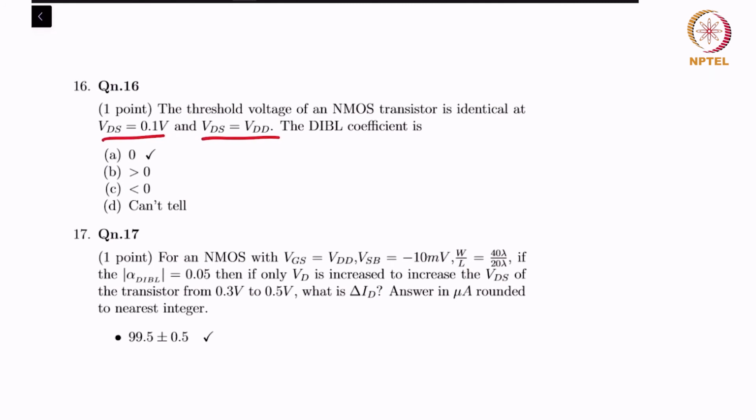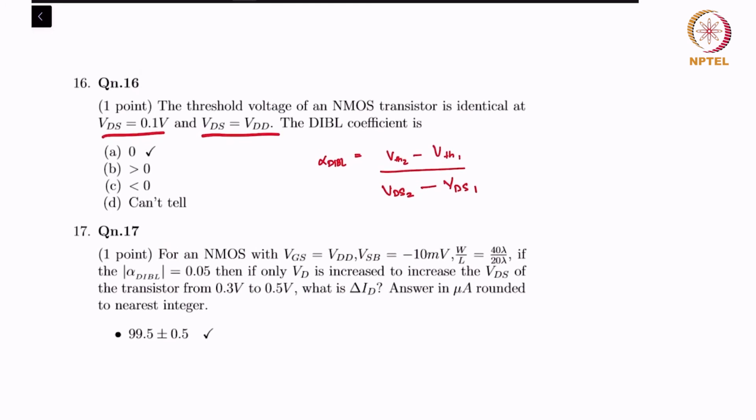This means that the DIBL coefficient alpha DIBL, which is equal to VTH2 minus VTH1 divided by VDS2 minus VDS1, where VTH2 corresponds to the threshold voltage at VDS2, and similarly for VTH1 and VDS1, has a numerator that is now 0. So this is equal to 0. This is the answer.